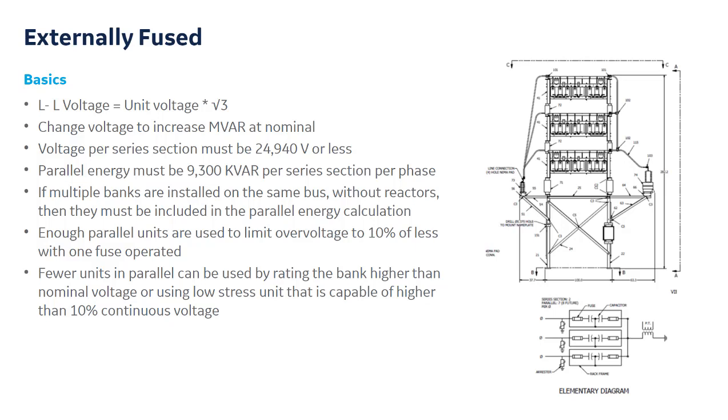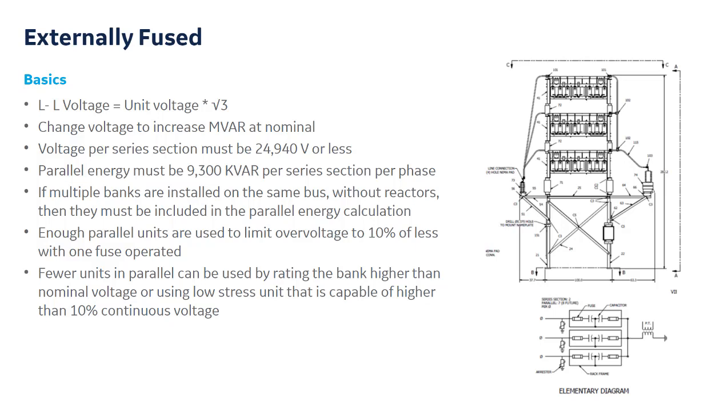so an example here, if we had a 600 kVAR can at 21.6 unit voltage, that will equal your line-to-line rated divided by the square root of 3. The voltage per series section must be 24,940 volts or less.